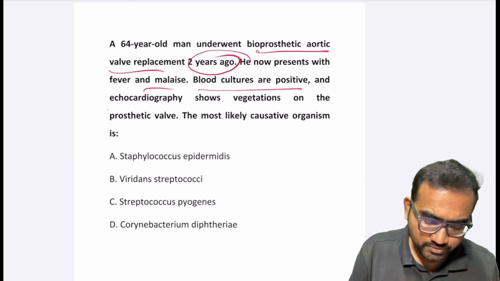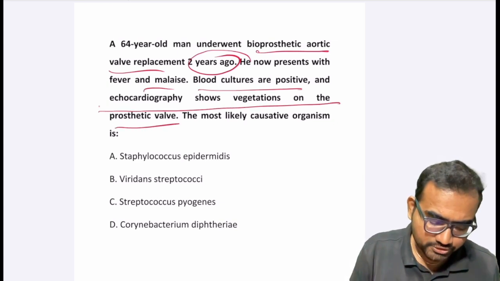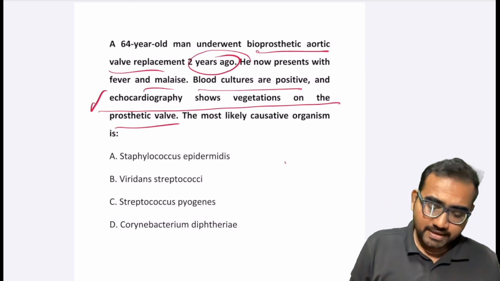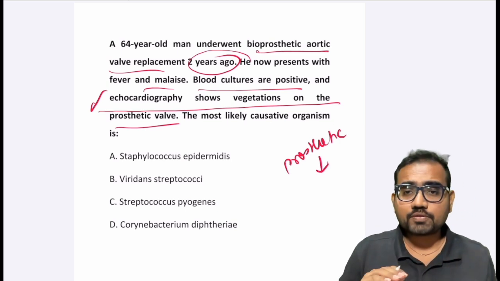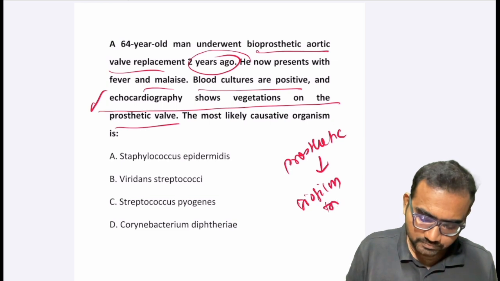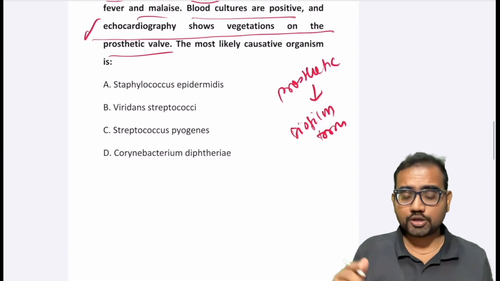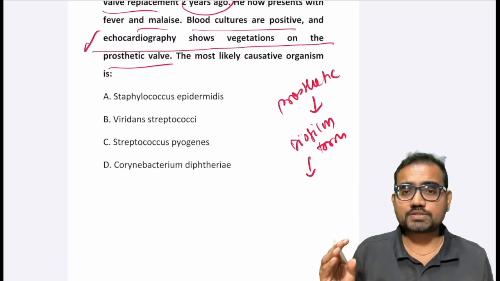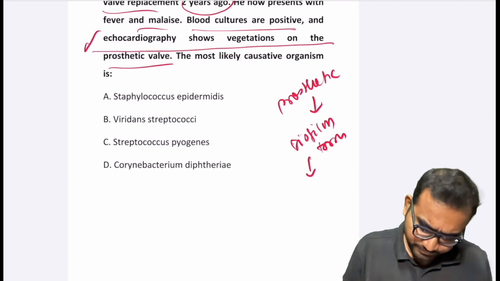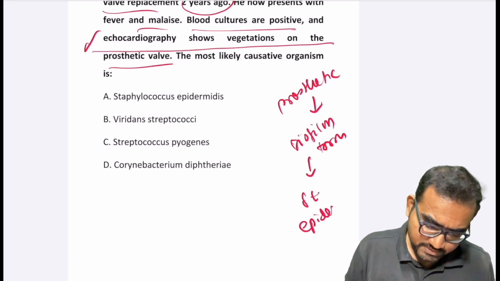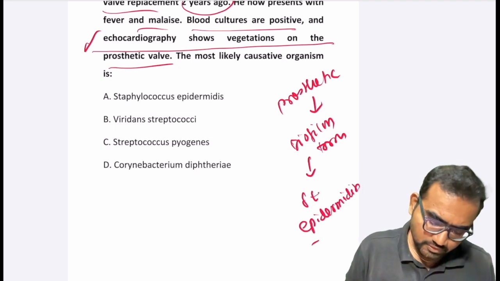Now, a 64-year-old man underwent prosthetic aortic valve replacement 2 years before, and now presents with fever and malaise. Blood cultures are positive, and echocardiography shows vegetations on the prosthetic valve. A prosthetic valve is very similar to the biofilm we form. The prosthetic valve will lead to biofilm formation. Coagulase positive organisms include Staphylococcus aureus, but in prosthetic valves it is Staphylococcus epidermidis.